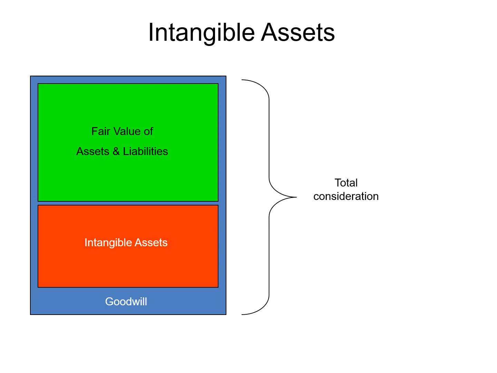Sometimes it may work out that I pay less than the underlying net assets are worth, in which case I need to go back and check just to make sure that I have measured the assets and liabilities properly, and that there is indeed a negative goodwill that arises on the transaction.